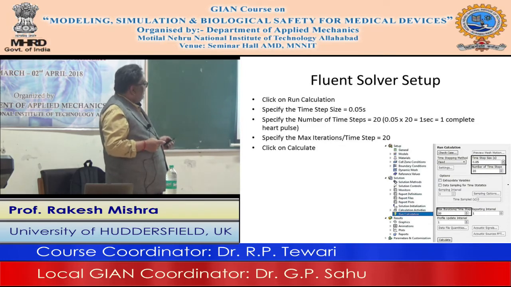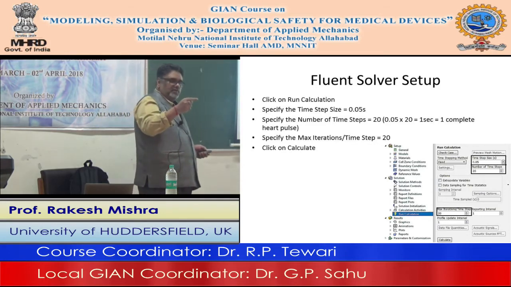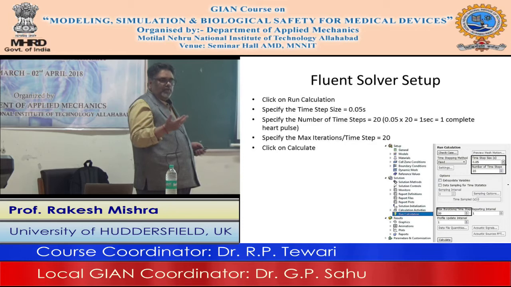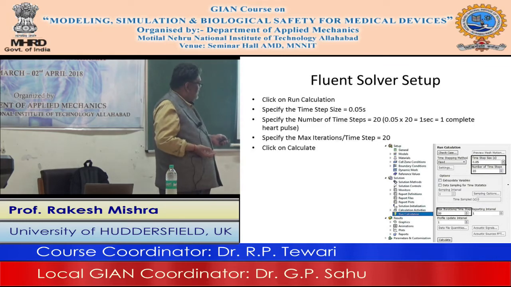Okay, and I am specifying the maximum iterations per time step to be 20. So for every time step we will have 20 iterations. Now for better accuracy you can have 50 or 100 or 1000 depending upon how accurate results you want. We are doing it for 20 time steps in this particular case, but you can take higher as well.